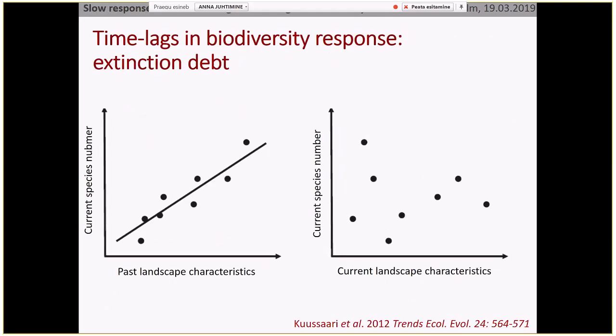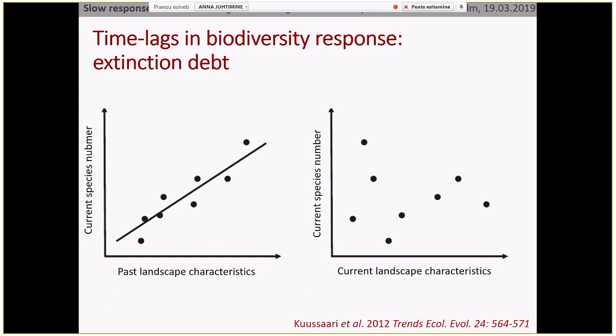decisions as well. The second ecological aspect, in addition to continuity, is the aspect of time lags that are also driven by past land use and the land use changes that have occurred since then.